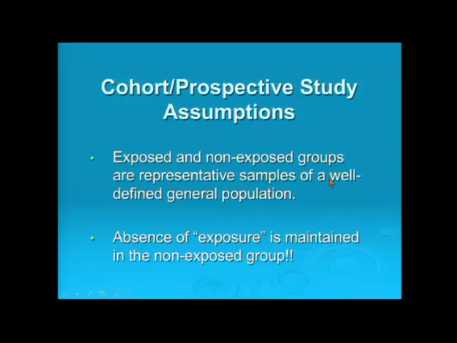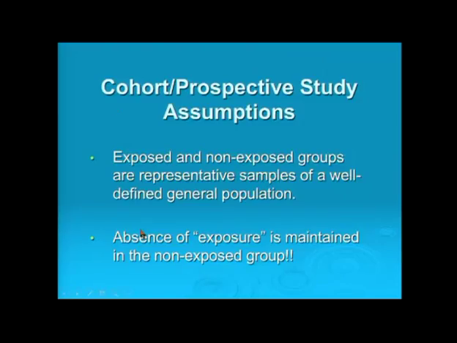Or if I want to generalize to the general population, a target population of US residents, then I better have a diverse group of subjects, some who are white and some who are minority individuals. So again, this assumption is what links you from your study design to generalizability to your target population.